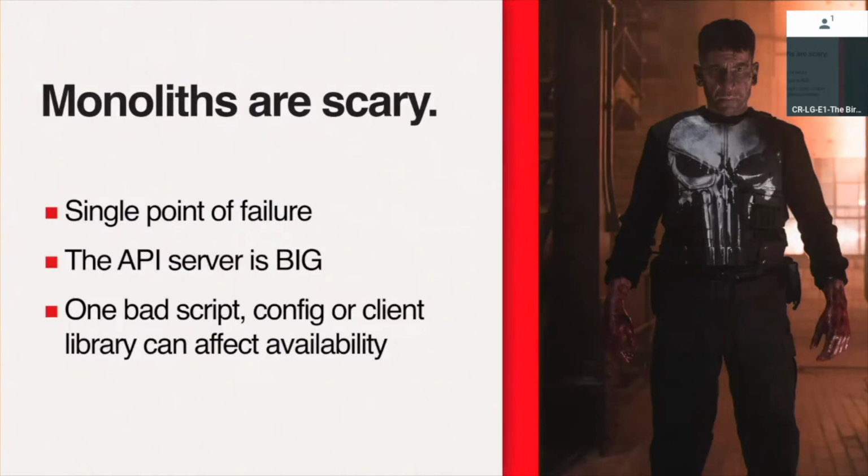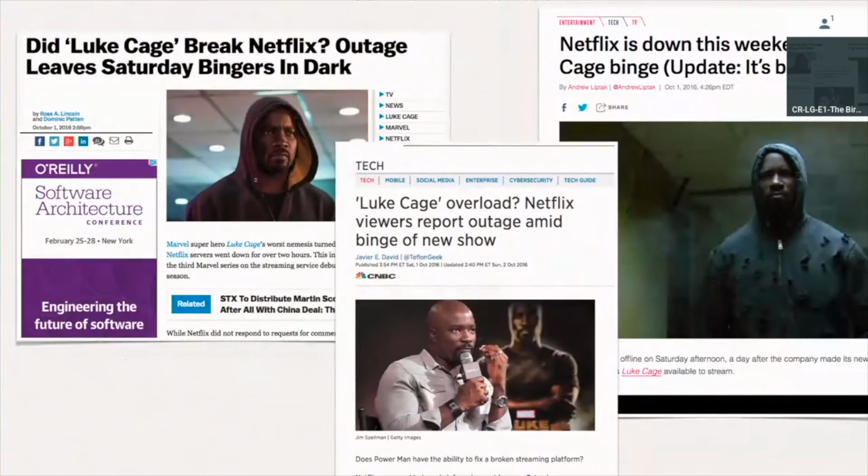And then of course we also have folks like Luke Cage trying to break our system apparently. But this is mostly an example of if something goes wrong, if there is any form of downtime for whatever reason, it blows up and immediately picks up on it. So it's just super important to us that this doesn't happen.